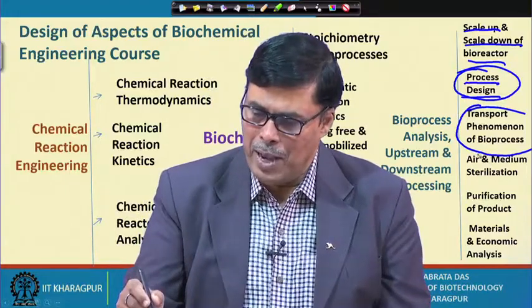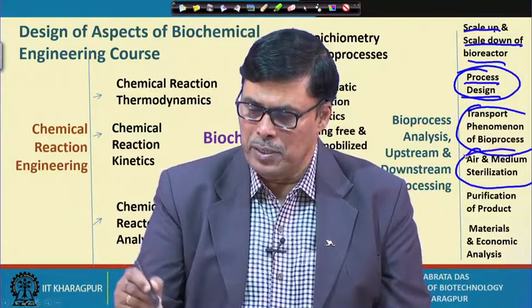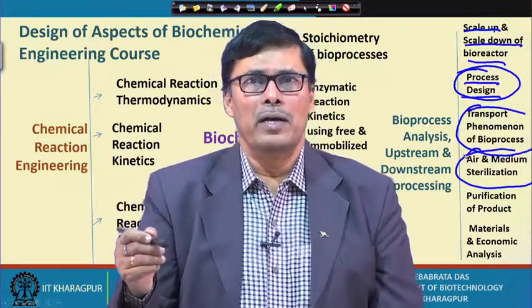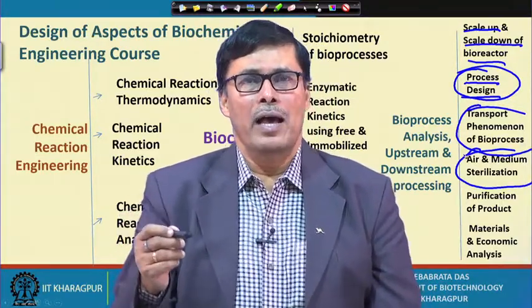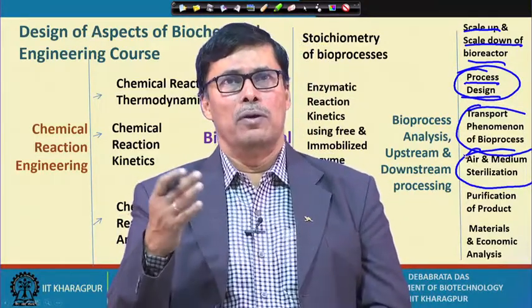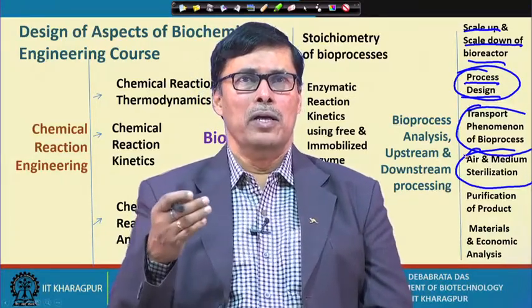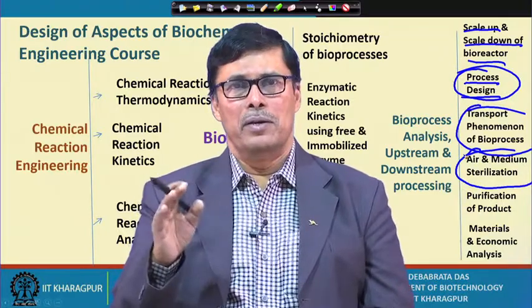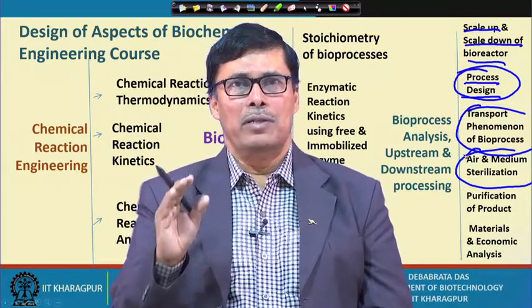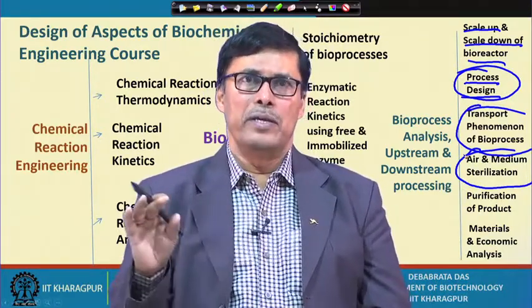Then after that we have two upstream processes. One is air and medium sterilization. Air sterilization, how we can do the air sterilization. I told you that two types of air are to be sterilized. One is called stagnant air, another is moving air.